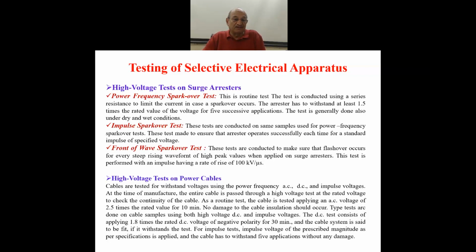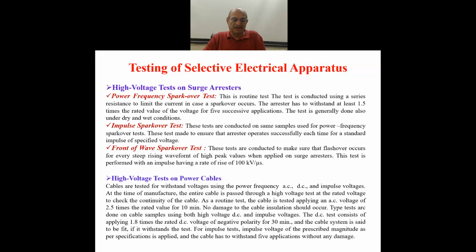So you may have to reduce the gap distance so that the flashover occurs. The surge arrester design may not be satisfactory. You may have to make changes if flashover does not occur for the steep rising wavefront pulses. And these are very typical requirements for surge arresters.